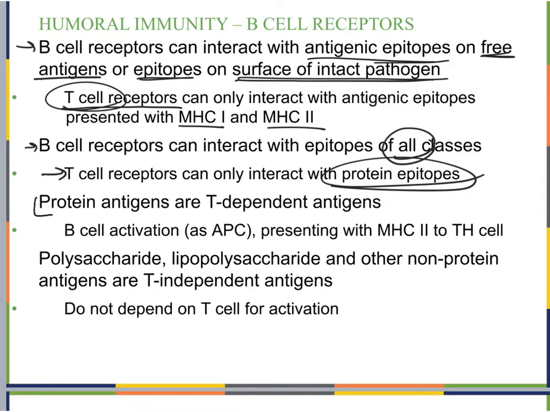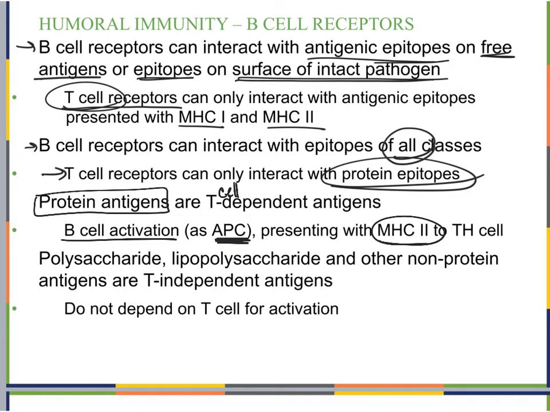So protein antigens then are T cell dependent antigens. We can have a B cell that's being used as an antigen presenting cell. Remember, we said that our MHC class 2 molecules were on macrophages, dendritic cells, and B cells.